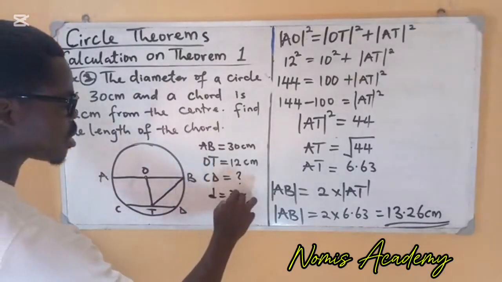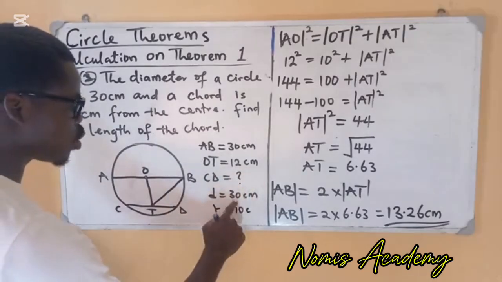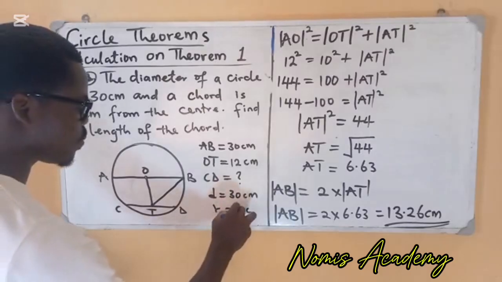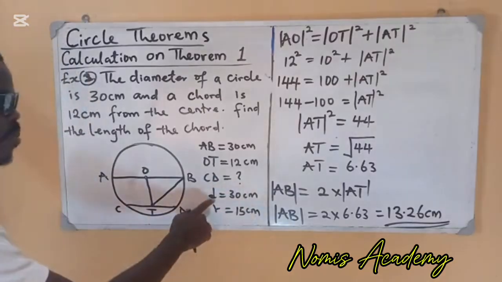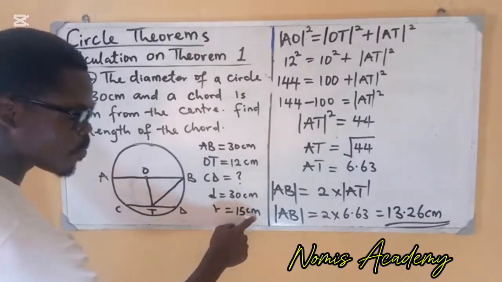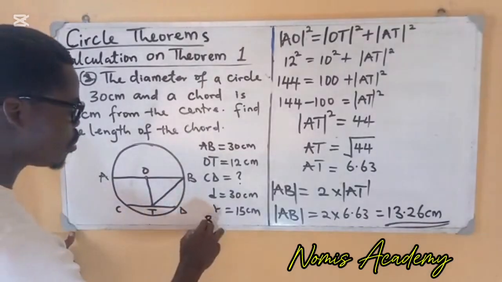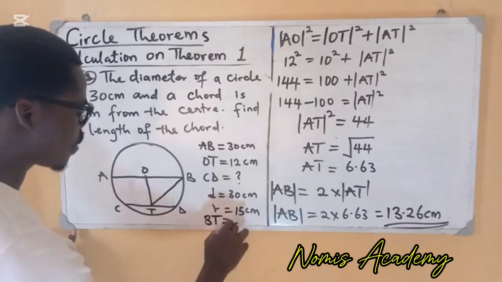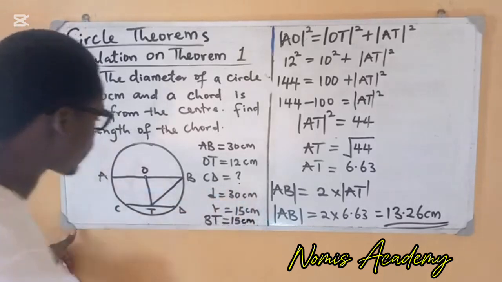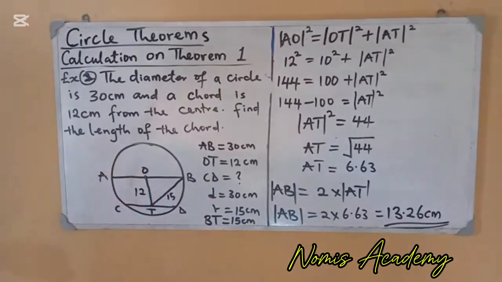So if the diameter is 30 centimeters, then the radius is 15 centimeters.